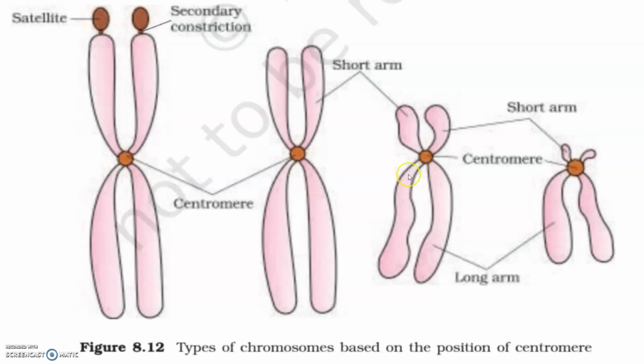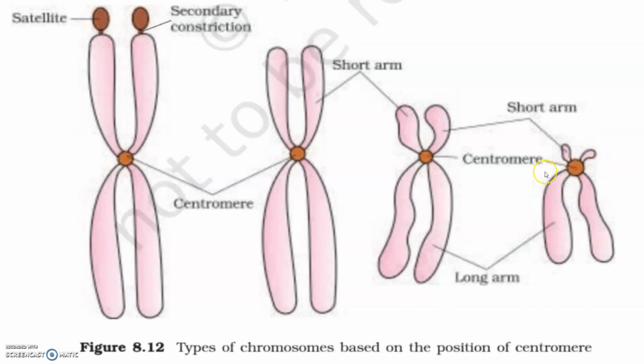In the case of an acrocentric chromosome, the centromere is situated close to its end, forming one extremely short and one very long arm. Whereas in the telocentric chromosome, we have a terminal centromere.